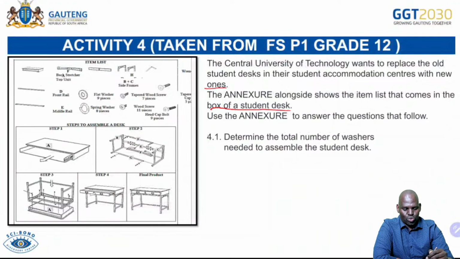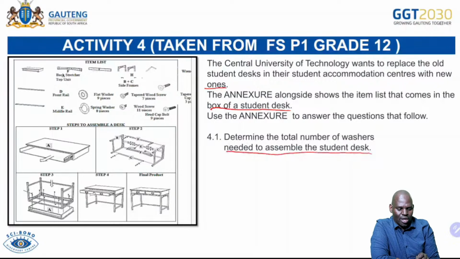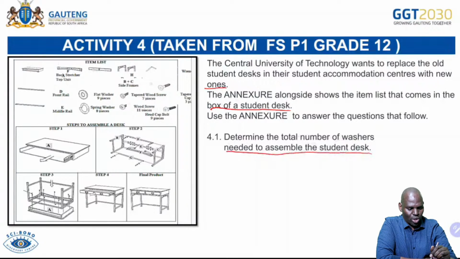Right, so for this one, number 4.1, determine the total number of washers needed to assemble the student desk. Very important, we have to look at the pictures, or the parts that are indicated there, or the item list.